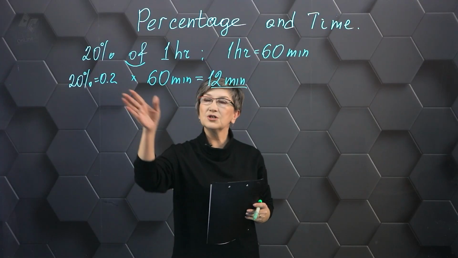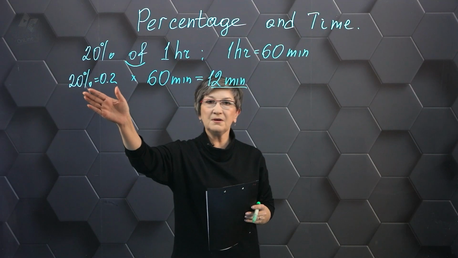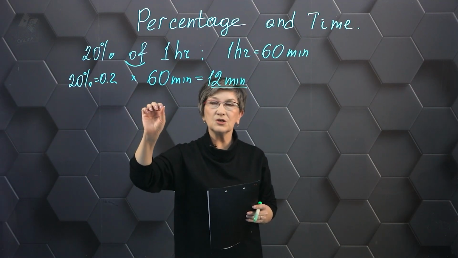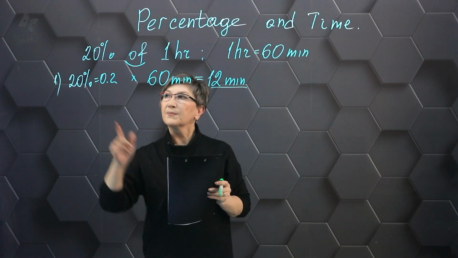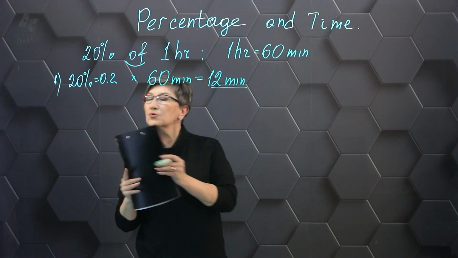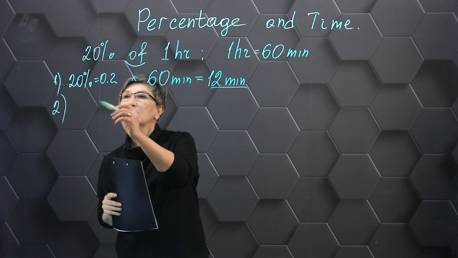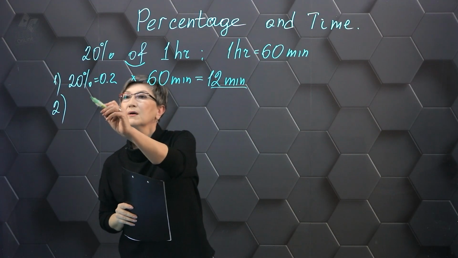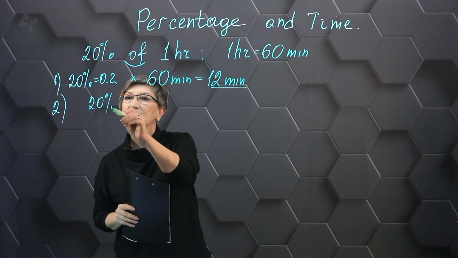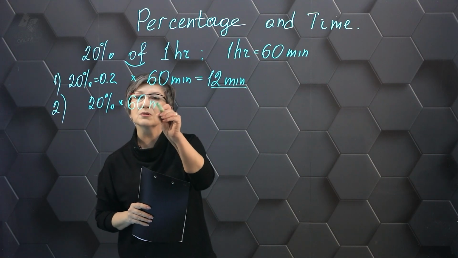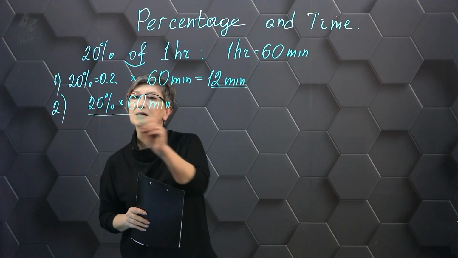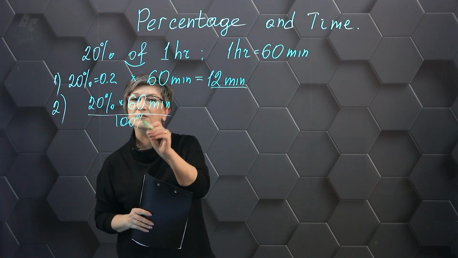You can solve this problem in a different way, that is, without converting to decimals. Let's look at all the ways. You can multiply 20% by 60 minutes, which is very important, and then divide by 100%.